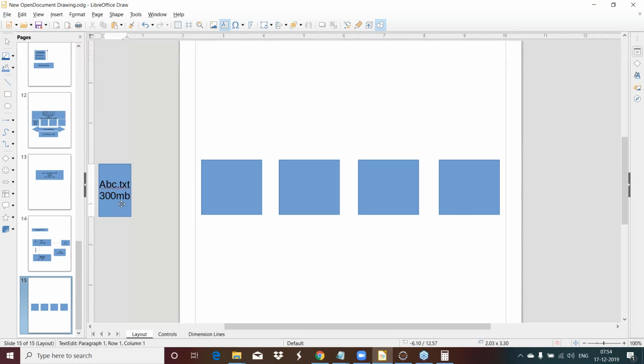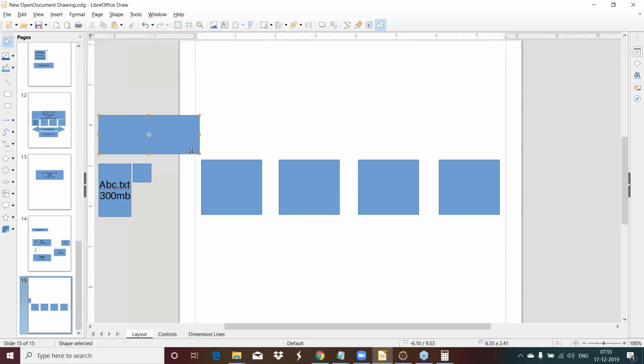When this file is coming to Hadoop from the storage perspective, what is going to happen is this file is going to be divided into small blocks.